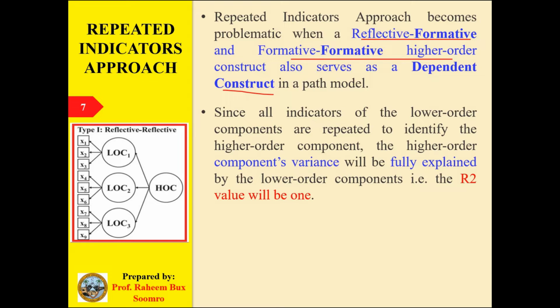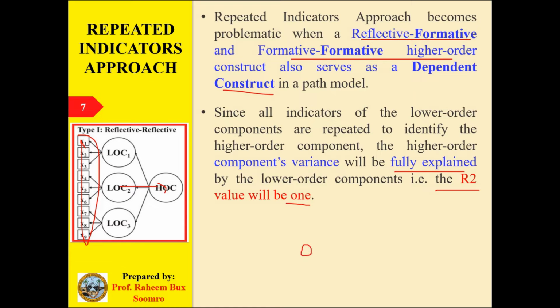The problem is that when you are assigning all these items to this one, the HOC will be fully explained, and the R square, the coefficient of determination, will be 1. That means it has been fully explained.